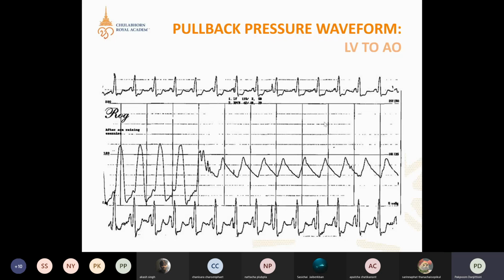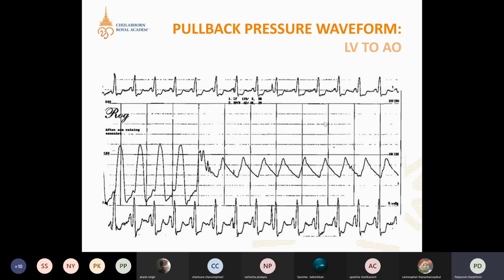Well, during left heart catheterization in the laboratory, we have two ways to get the gradient, I mean the pressure difference between the LV and the aortic pressure.